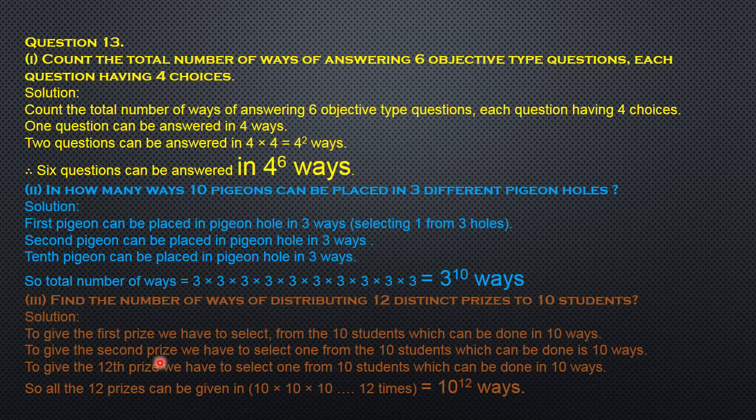Next, for the second prize we have to select one from the 10 students again. So there are 12 prizes. The third prize also we can give to any one of the students, and the fourth prize also we can give to any one of the students. So 10 ways each. Therefore there are 12 tens here. So all the 12 prizes can be given in 10 power 12 ways. This is question number 13.